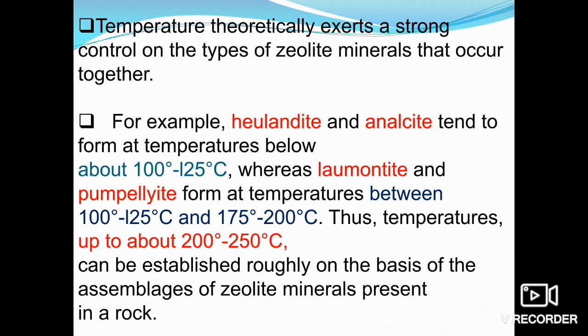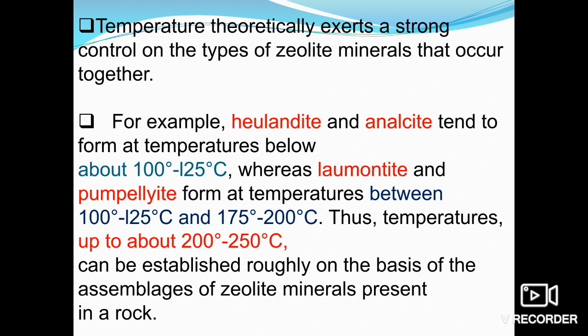For the major minerals, heulandite and analcime tend to form at temperatures below about 100 to 125 degrees, whereas laumontite and prehnite form at temperatures between 100 to 125 degrees and 175 to 200 degrees.